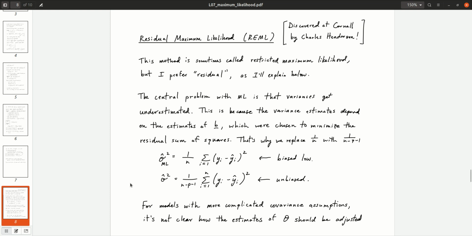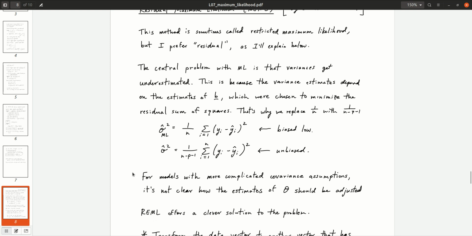So for this simple model where the errors are independent and all have the same variance, we can figure out what the unbiased estimator is. But when we go to more complicated covariance models, covariance for the responses, it's not going to be so clear how to work out what the unbiased estimators are.